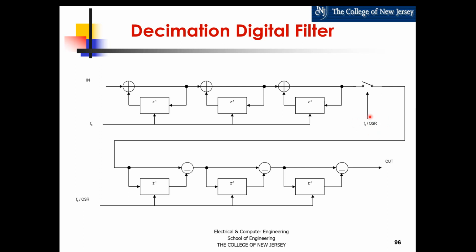So if the oversample rate is 3, we're taking every third output from here. Now the other ones are useful because they're being fed back. It's not like we're discarding anything, they're being fed back. But if OSR is 3, we're taking every third output. This is our actual digital system that we're going to implement.